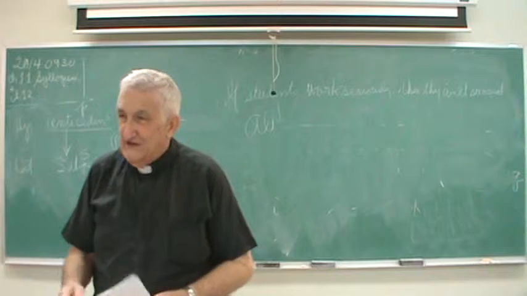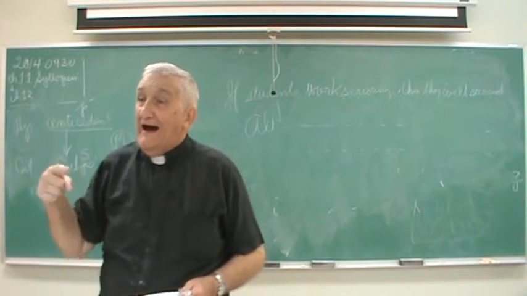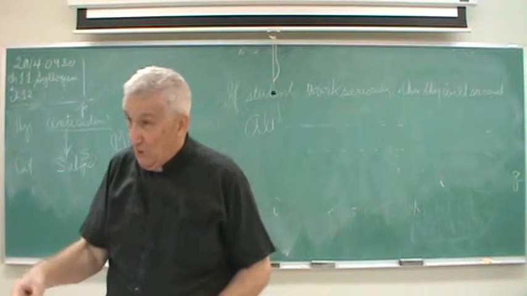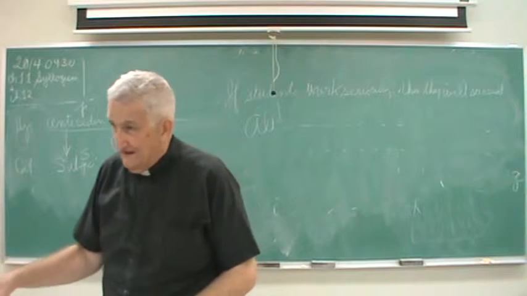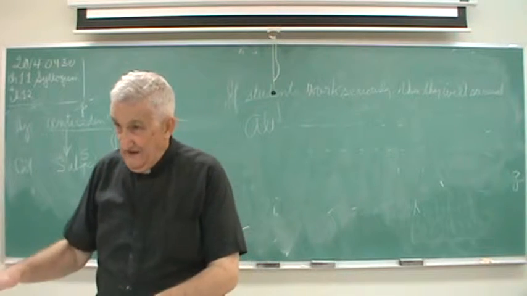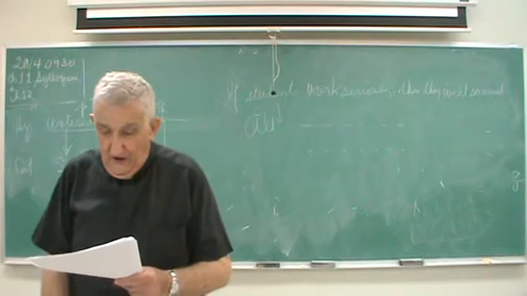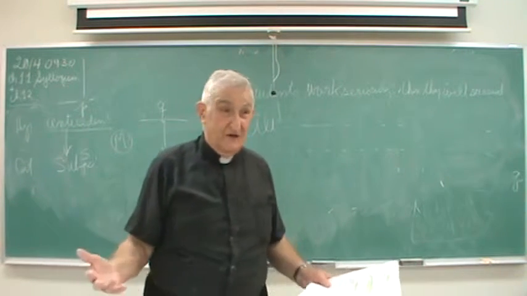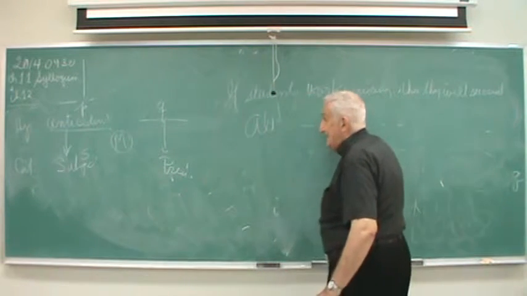Okay, so we have two kinds of condition. A condition can be imposed by man. For example, if you are 18 years old plus one day, you can buy a car, you can get married by yourself without the permission of your parents. That is conventional. But if you are blind, you have no sight, you cannot see.